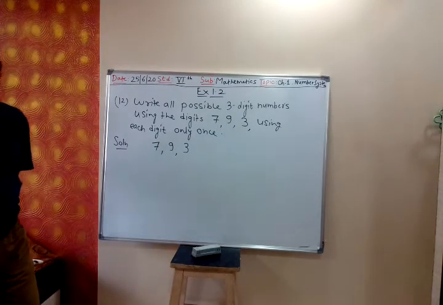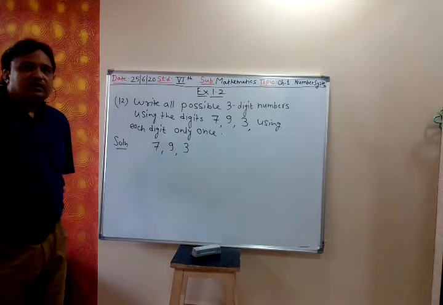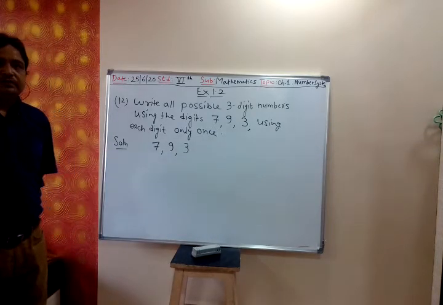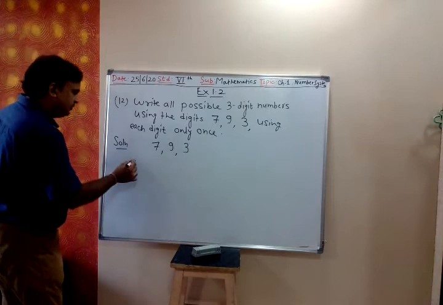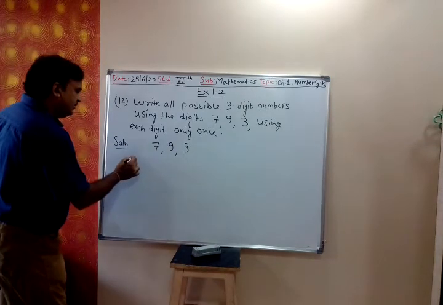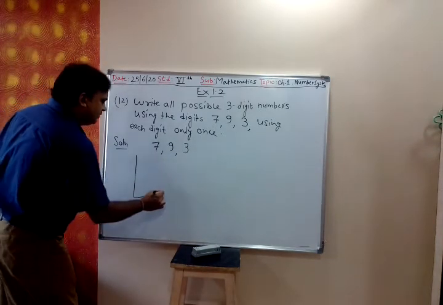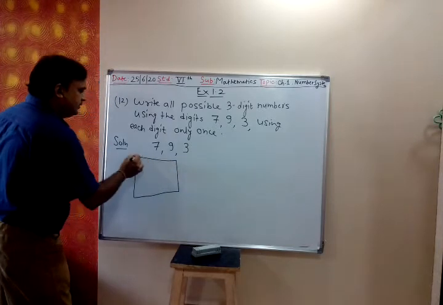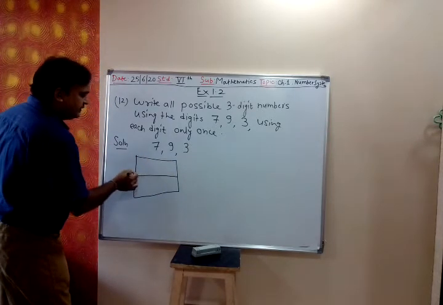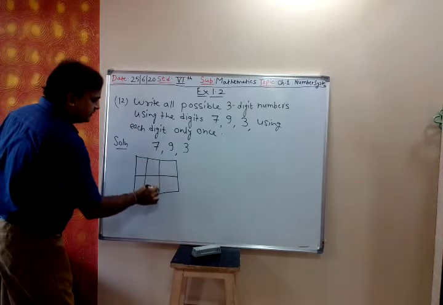So using the digits 793, we have to form 3-digit numbers. Now 3-digit numbers. So first we make 3-digit numbers.